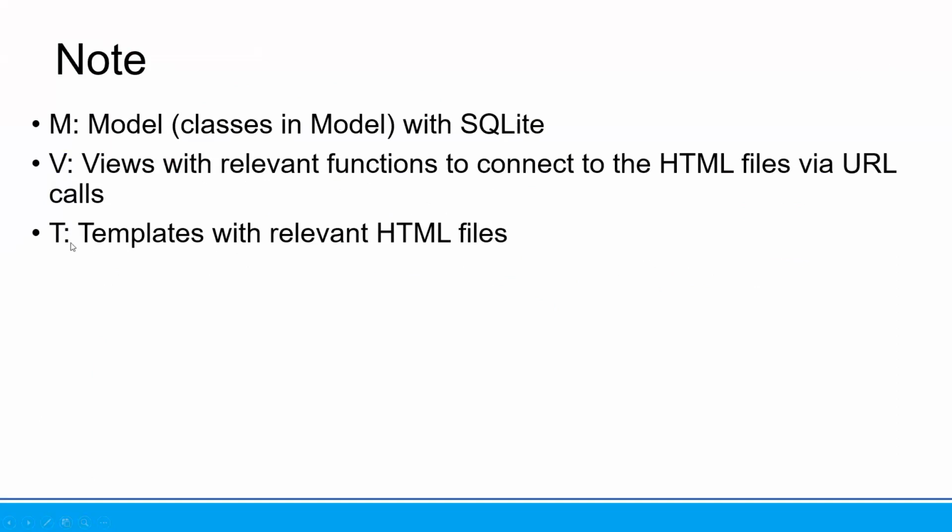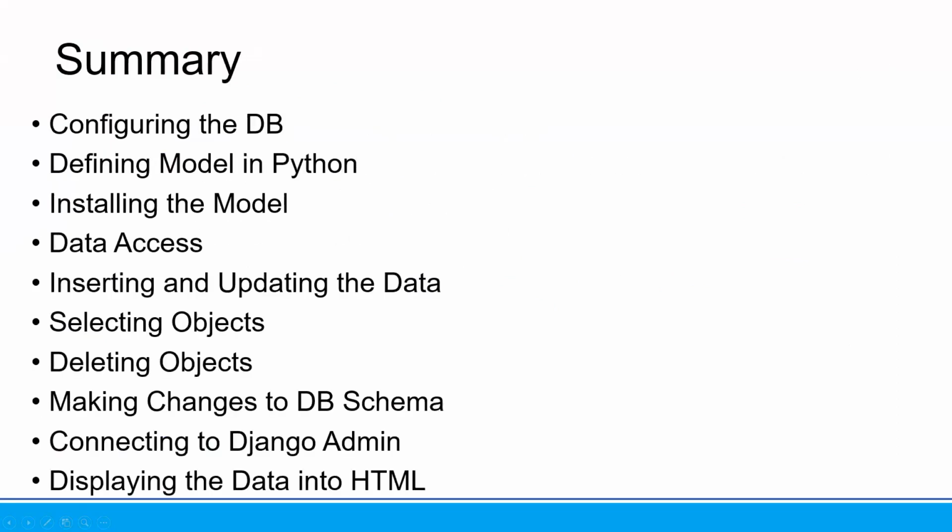And then T is the templates, which is relevant to the HTML file. Okay, so you can review what you already learned until now. You already know how to configure the DB, how to define the model, how to install a model, data access, insert, and so on. Okay, so you learn many things in this chapter.